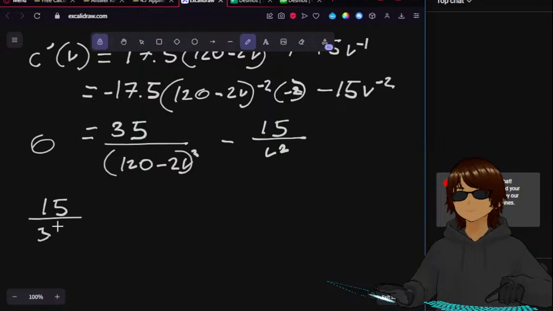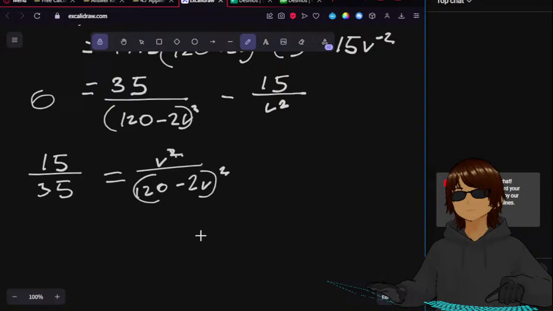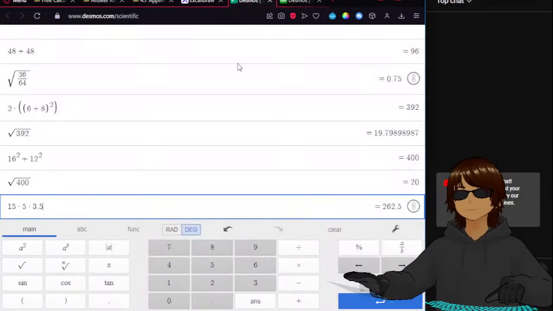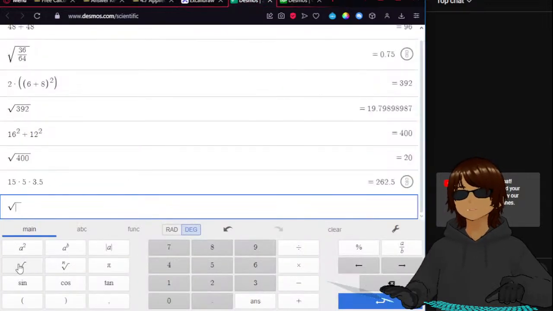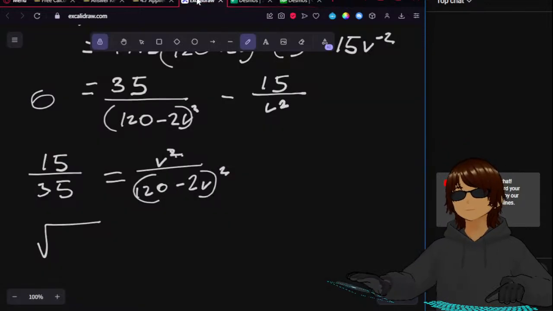15. Let's do this 35. This is a v square and 20 minus 2v square. So root, let's do it here. Root 15 over 35. Root 15 over 35.